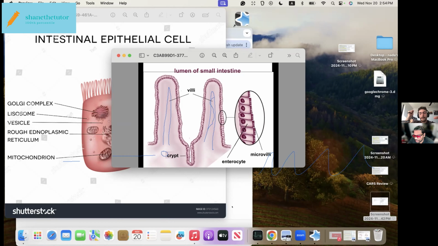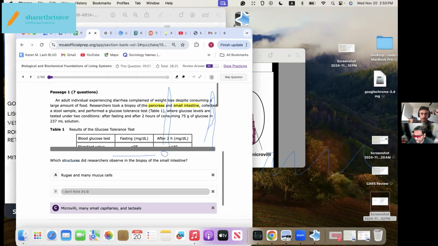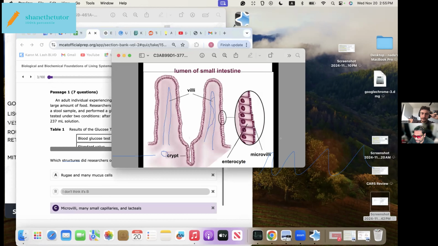So they get absorbed by the lacteals, which enable the lipid stuff, fats, to get absorbed into our lymphatic system. Here's a good picture.